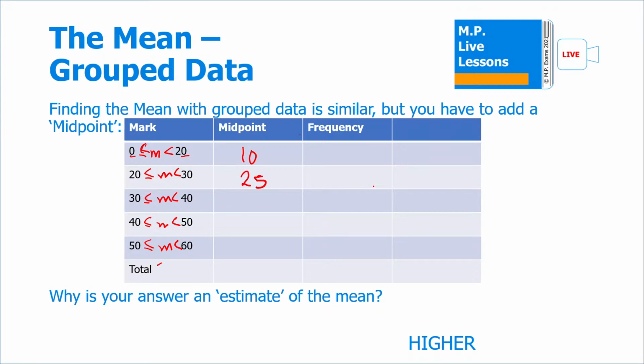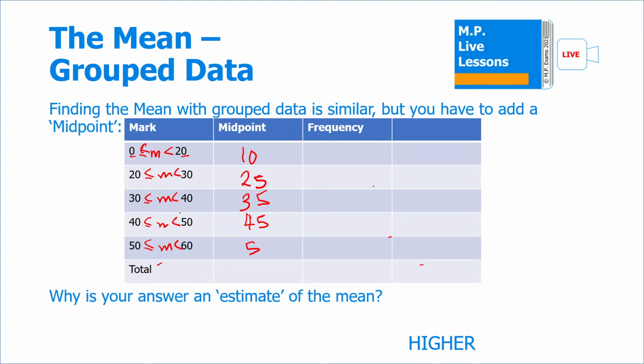To find the midpoint, you can add the lower bound and the upper bound together and divide by 2. This assumes that all the data is basically around the midpoint, and this is actually why it's an estimate.